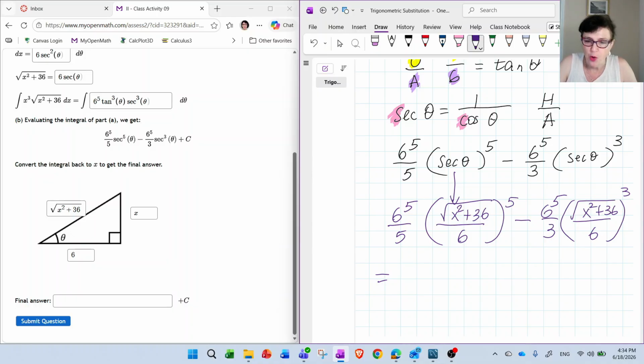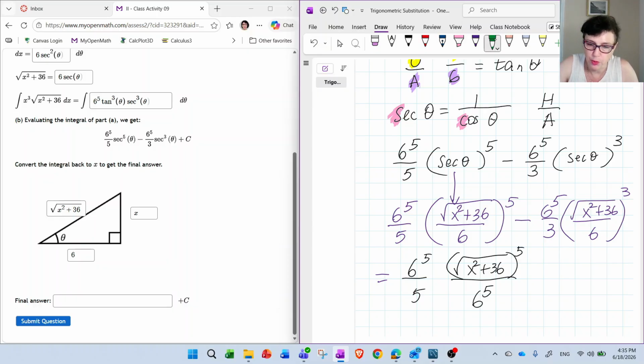Now, I want you to notice a couple of simplifications that we should make before we type the final answer. When a fraction is raised to the power 5, this really means that both things are raised to the power 5. So you're going to have the square root raised to the power 5, and also the 6 raised to the power 5. And notice how this and this are going to cancel.